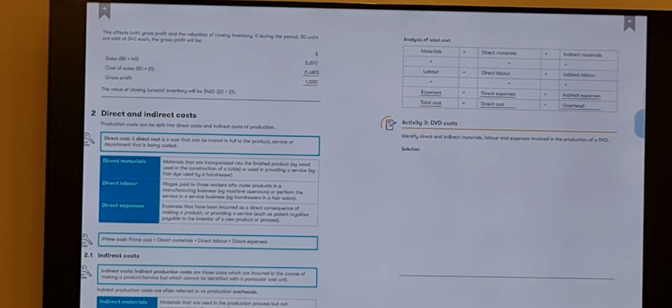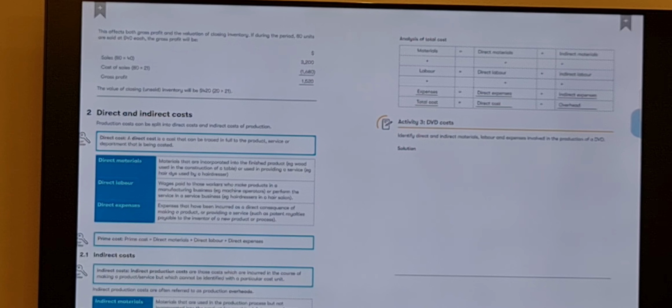They have material, direct material plus indirect materials, labor, direct labor plus indirect labor, expenses, direct expenses plus indirect expenses. That is total direct cost. See, they have used the word overhead for indirect. Therefore total indirect cost, you can say overhead or indirect cost. I mentioned that also. Now let us move to the other one.